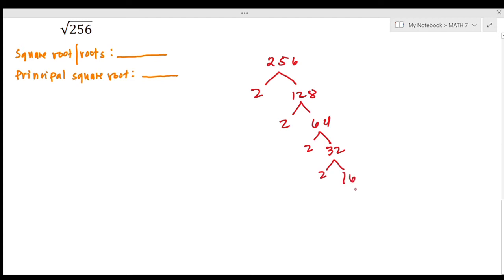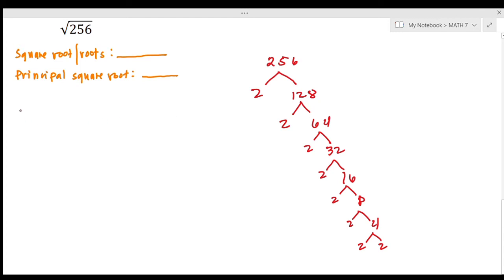And then continue the process, hahanap tayo ng number na pwedeng makapag-divide sa 16, and dapat yung dinidivide natin are the set of prime numbers. So 16 also can be divided by 2. 16 divided by 2, you have 8, and also 8 can be divided by 2. The result is 4, and 4 can be divided by 2 and the result is 2.